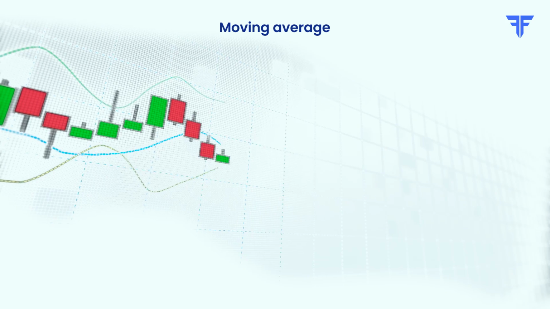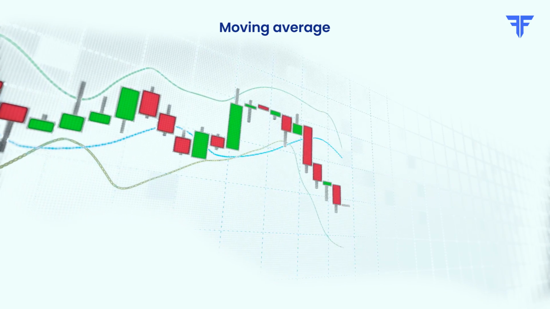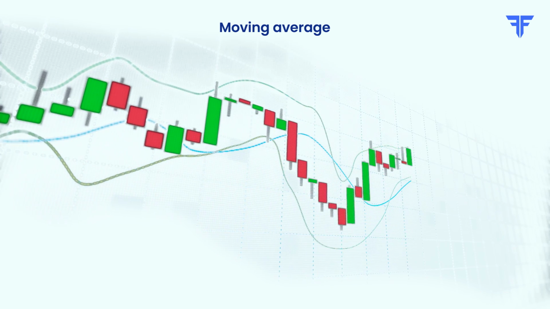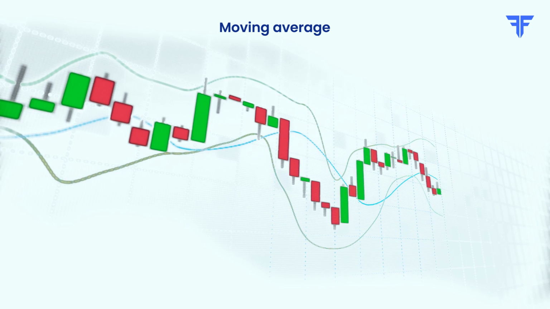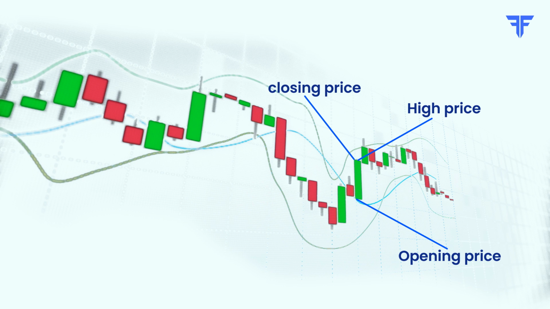A moving average is one of the oldest and most frequently used tools by chartists. A moving average is the average price of the security over the past n periods. The average price can be the average of closing price, opening price, high price, low price, or a combination thereof.